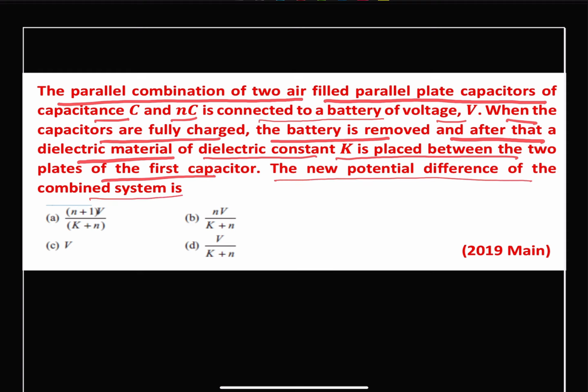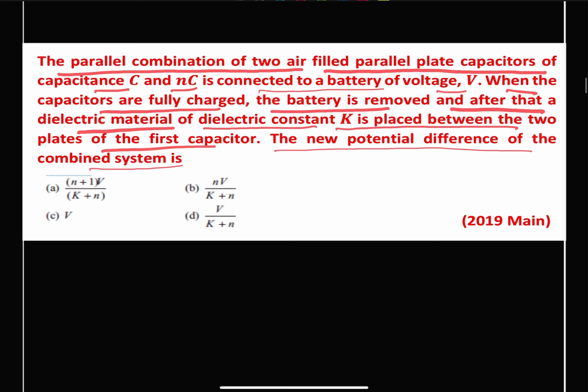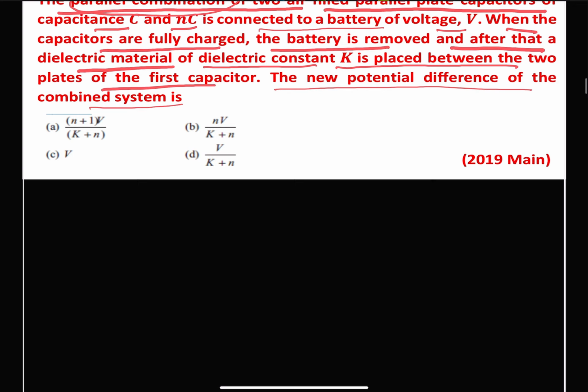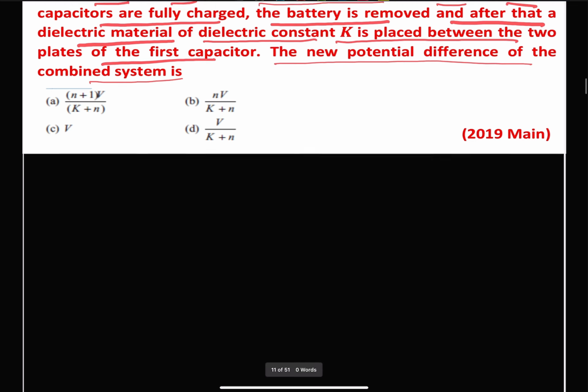So here we are given that we have a parallel combination of two capacitors. We can draw this circuit into two conditions.